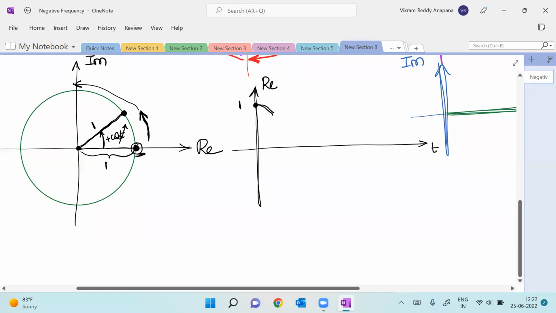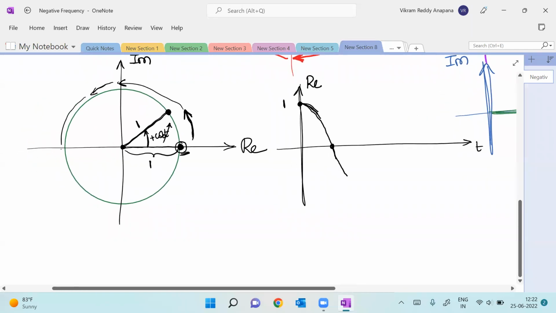So the real component is 0 here. And again you move like this, and you can of course plot. By the time you reach here, this is -1. The real component is -1.